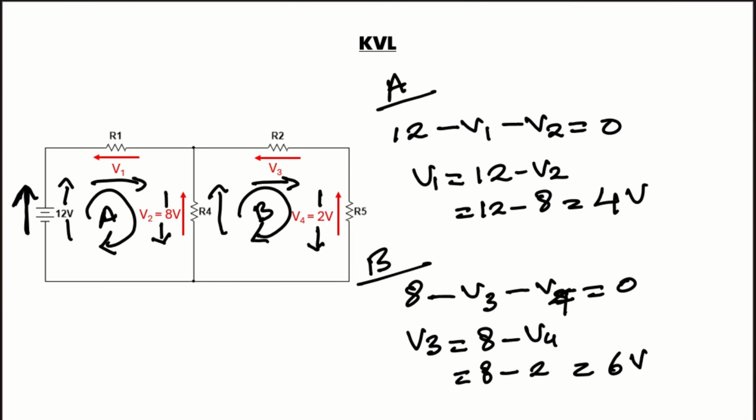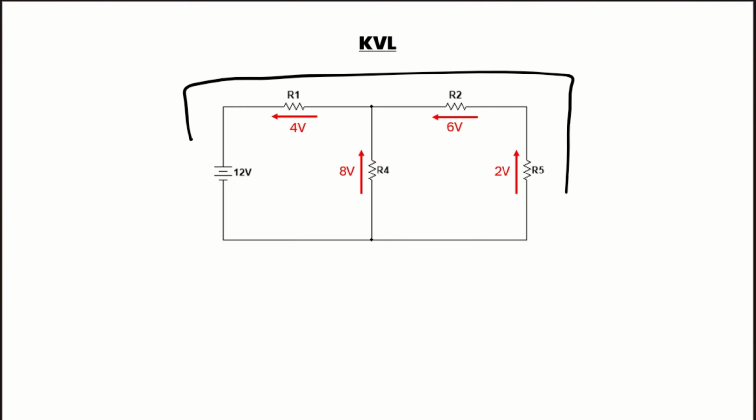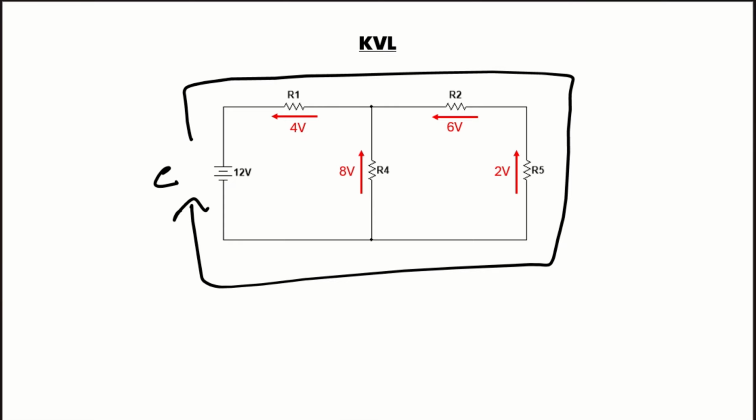We can confirm these results by considering a third loop around the circuit. Let's see how it's done. If we consider a third loop around the whole circuit, which is C, and apply the KVL for C, then the voltage across the power source and the loop direction are in the same way, so it will be 12.